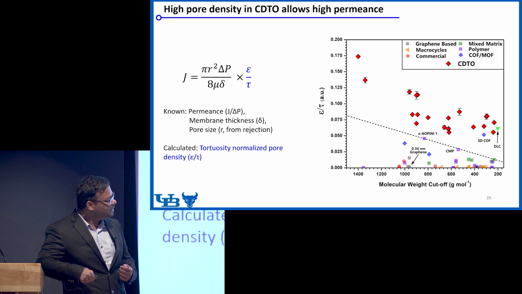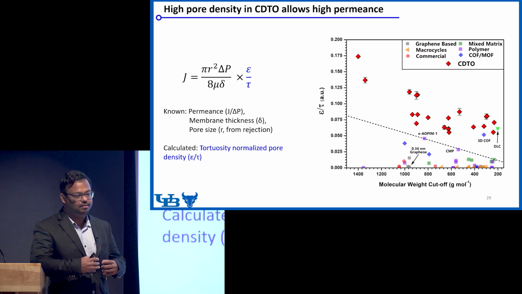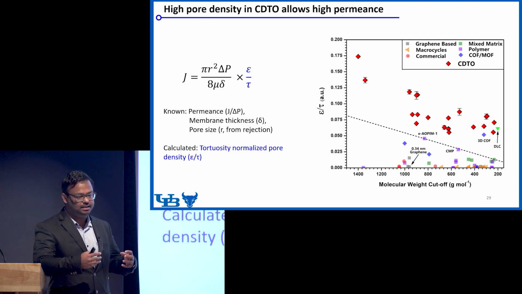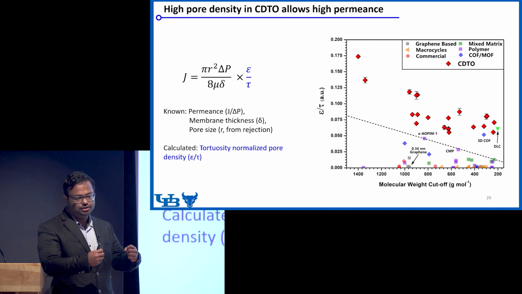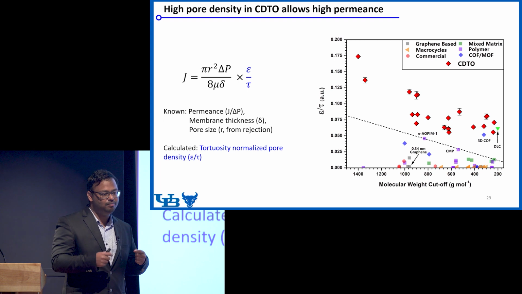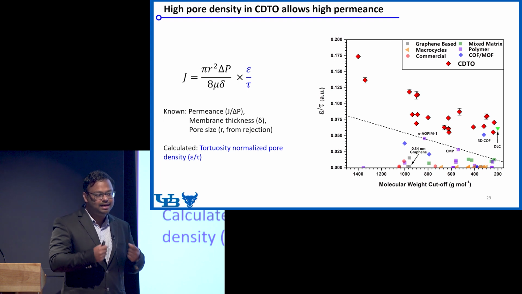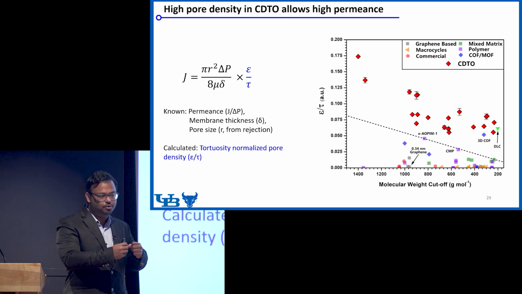One thing that is important to note here is that when you go to lower and lower pore size, it becomes very difficult to have a material with high pore density. The small pores tend to merge together to become larger pores. So what you need for your material is very high mechanical stability, so that the small pores can retain their structure and not merge together.